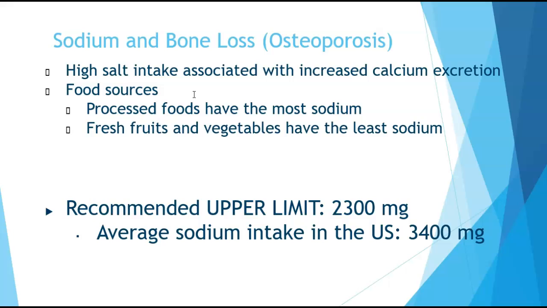So the recommended upper limit is 2,300 milligrams, and the average sodium intake in the United States is 3,400 milligrams. So that doesn't fare well for decreasing our risk of chronic diseases.